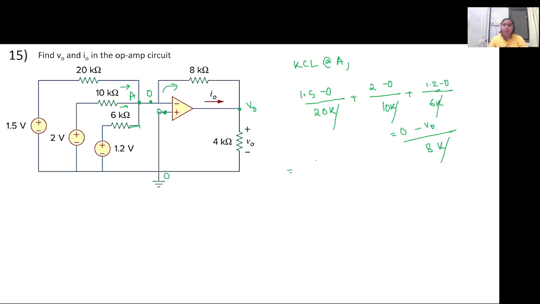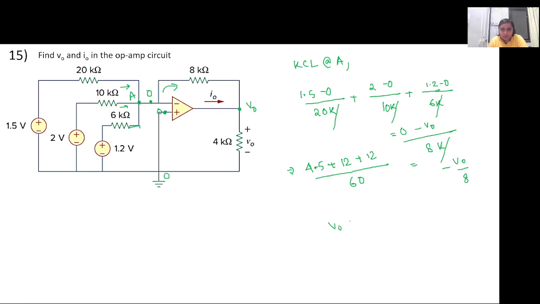So this is 1.5 by 20. I'll just take the LCM. So LCM is 60. So this is minus V naught by 8. So this is 4.5 plus 12 plus 12, right?